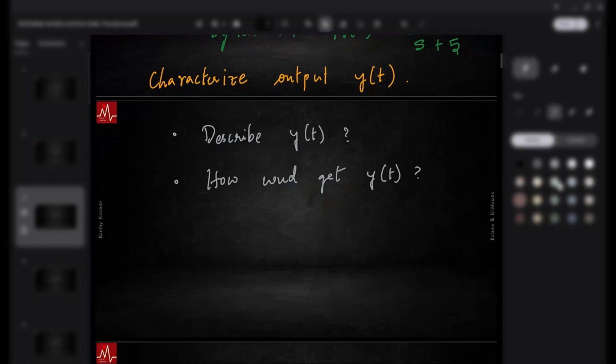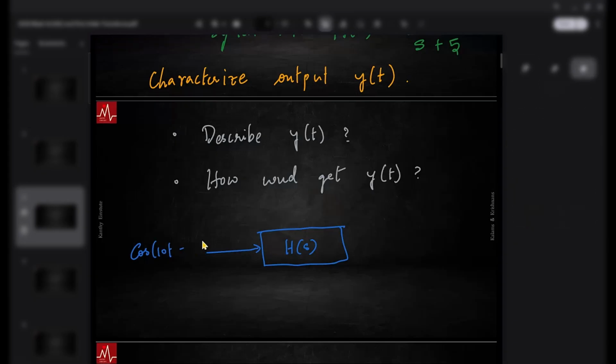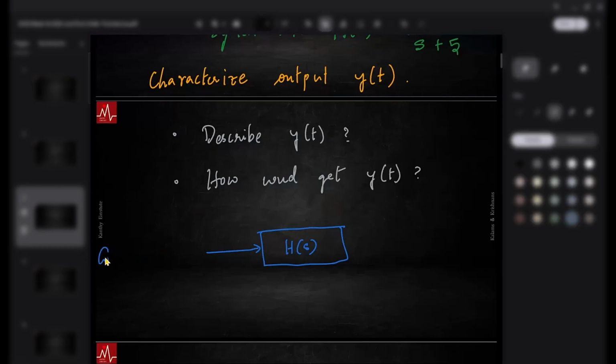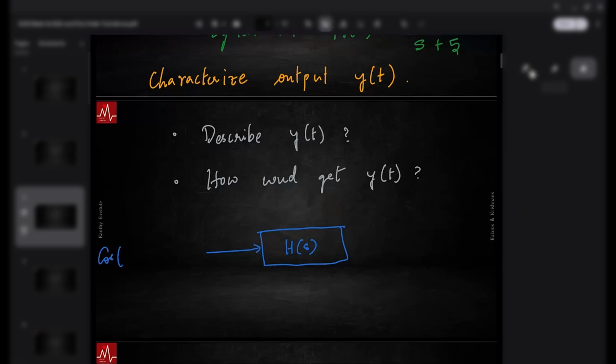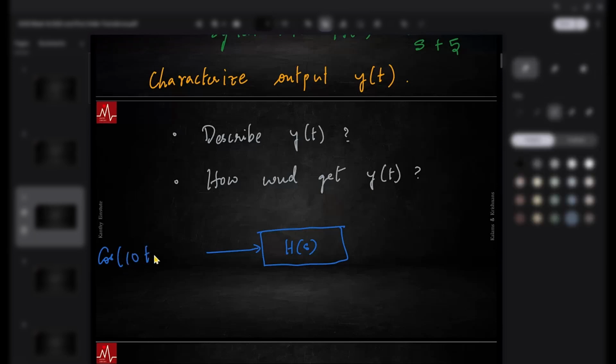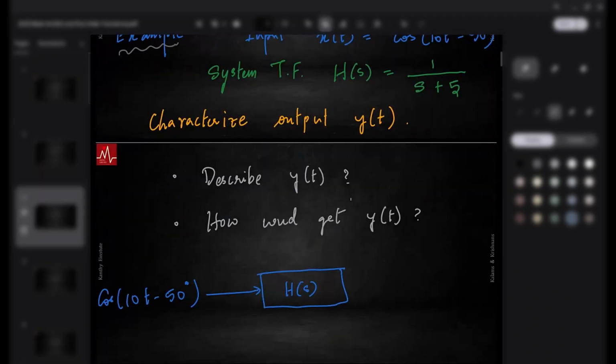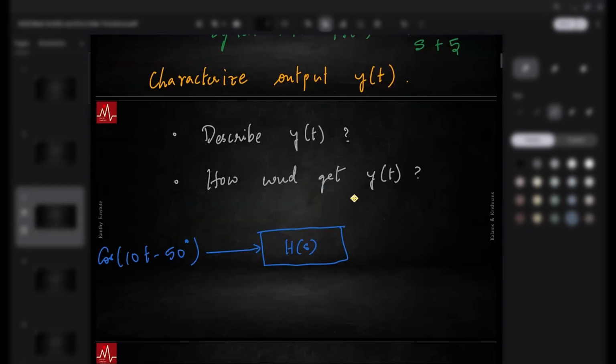What we are asking for is your system H of s, and you have input as cos 10t minus 50 degree. What would be your output? Cos 10t minus 50 will be your output.